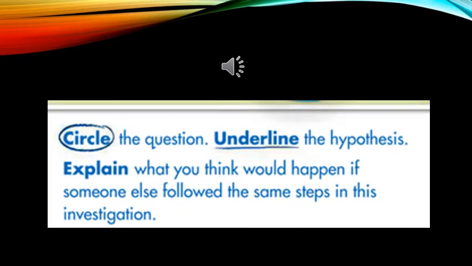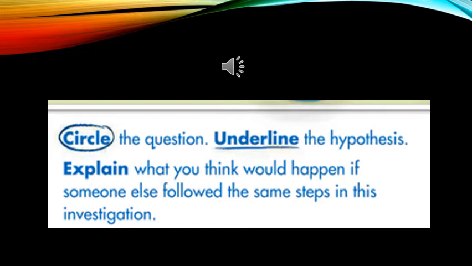Very well. Your science book again. Open page number 191. Read the page very well. Read every single step. Then, at the end of the page, it's asking you to circle the question. What is the question of the scientist? Then, underline the hypothesis.